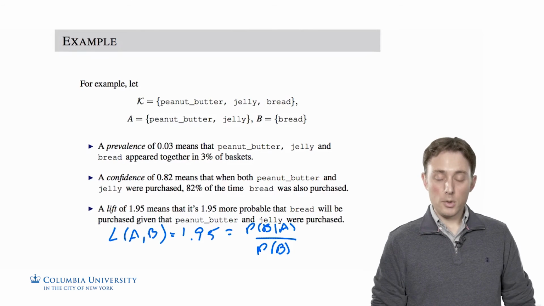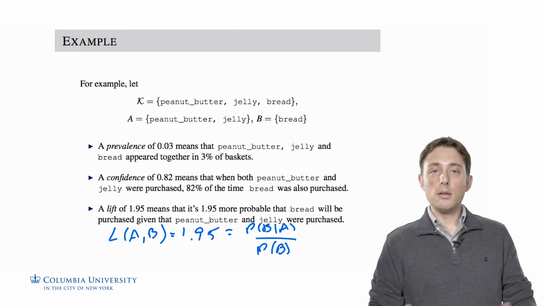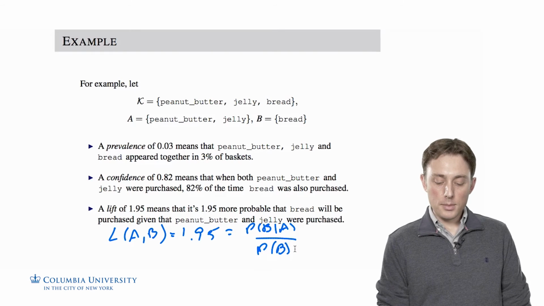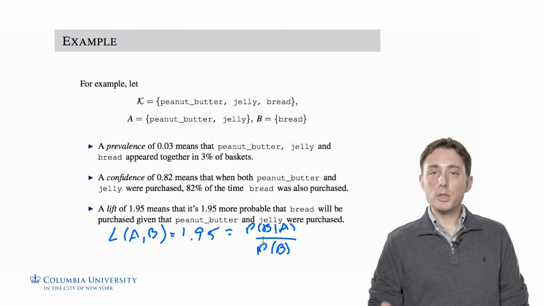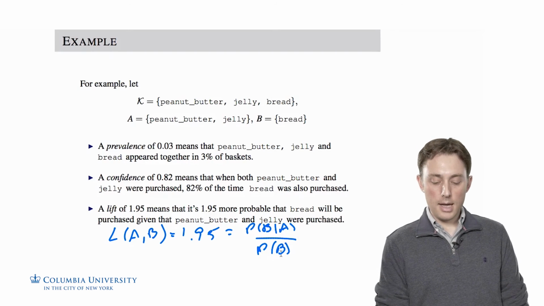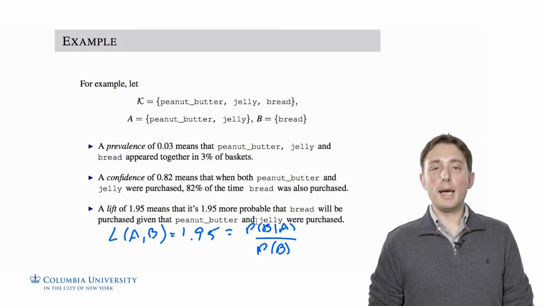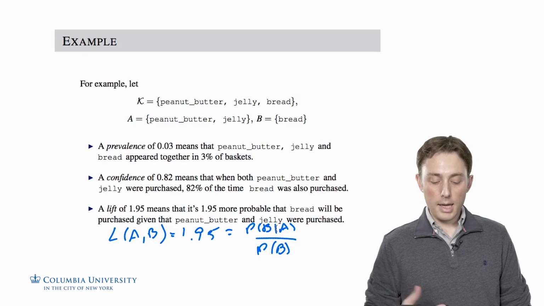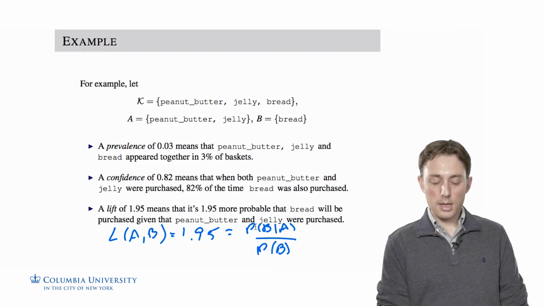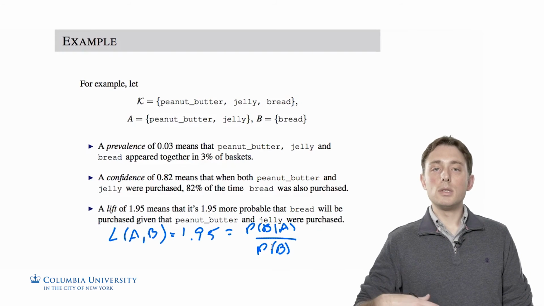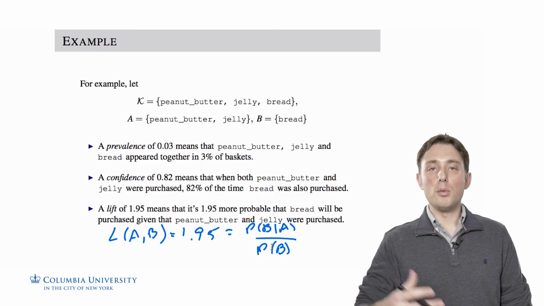And so what I am going to do is look at all n data points that I have. I'm going to count how many times bread was purchased in those n objects. So the fraction of the n baskets that have bread purchased, that's P of B. And then the fraction of the baskets that have bread purchased restricted to the baskets that already have peanut butter and jelly purchased, that's P of B given A. This fraction says what's the lift, or the bump in probability, that I get.